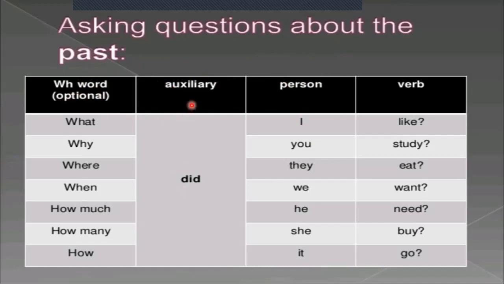In the present simple, we use do or does, but in the past, we use auxiliary verb did, plus subject plus verb. But here, my students, we use auxiliary verb did with all persons, with singular and plural. And also here we use the verb in infinitive.